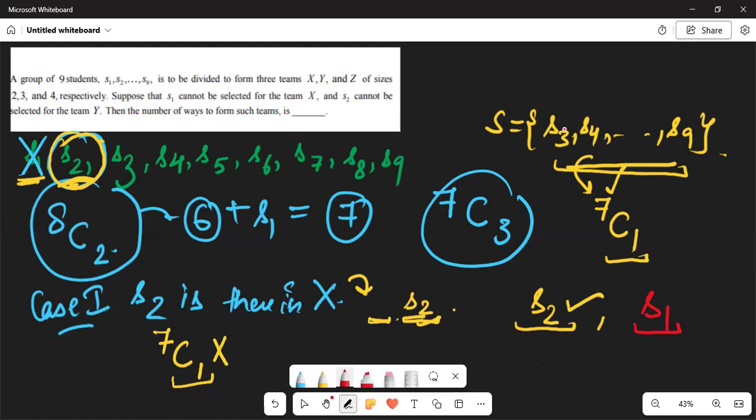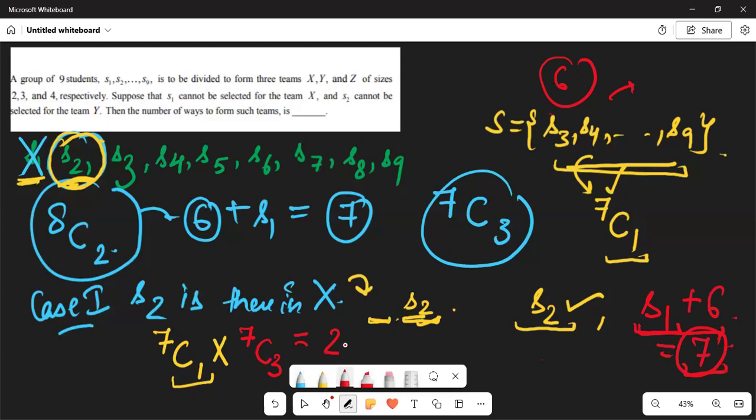And out of the 7 elements of the set S, we have chosen just 1. So that means we have remaining 6 students. So S1 plus 6, we have 7 students. Out of these 7, we need 3 for Y. And you can do the calculation.